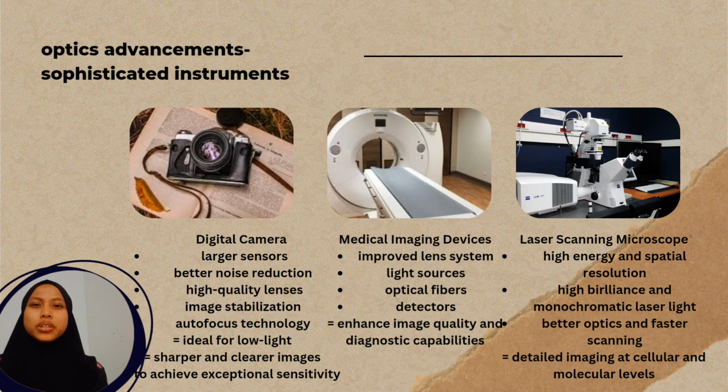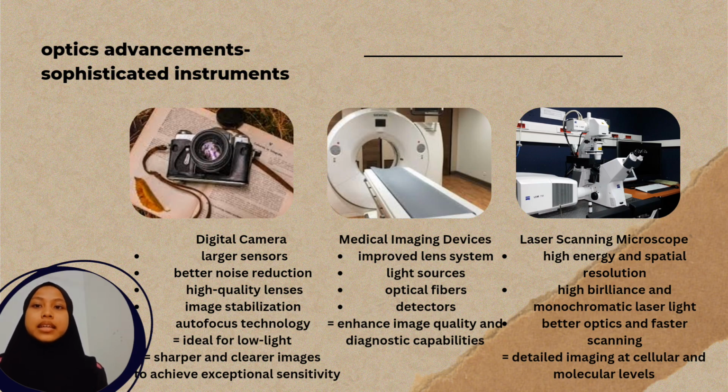Next, contohnya medical imaging devices seperti yang kita ada kat sini, which is MRI instrument. Dalam menghasilkan mesin besar ni, it has been applied with improved lens systems and light sources, optical fibers and better detector yang membolehkan kita obtain enhanced image quality and diagnose capabilities. Ada banyak lagi yang medical imaging devices seperti X-ray, ultrasounds, but this is one of it lah.